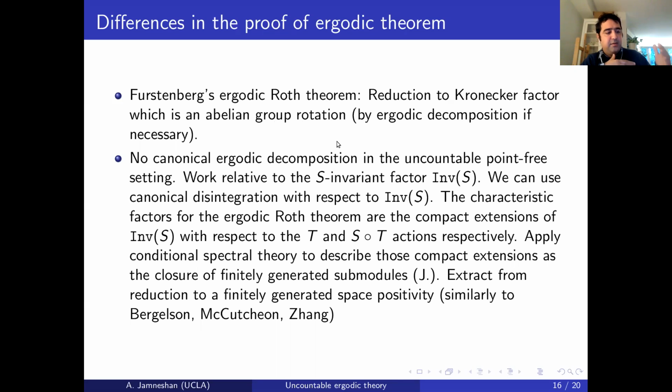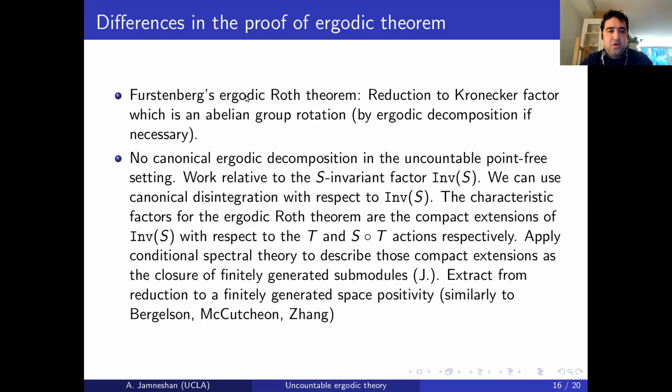That means that by projecting onto that factor, it is enough to consider the convergence there. And then to prove the theorem on that factor, if one has an abelian ergodic group rotation, then one can do some spectral theory and approximate it with finite dimensional objects. And then the proof from there is kind of easy. Another way is to use harmonic analysis.